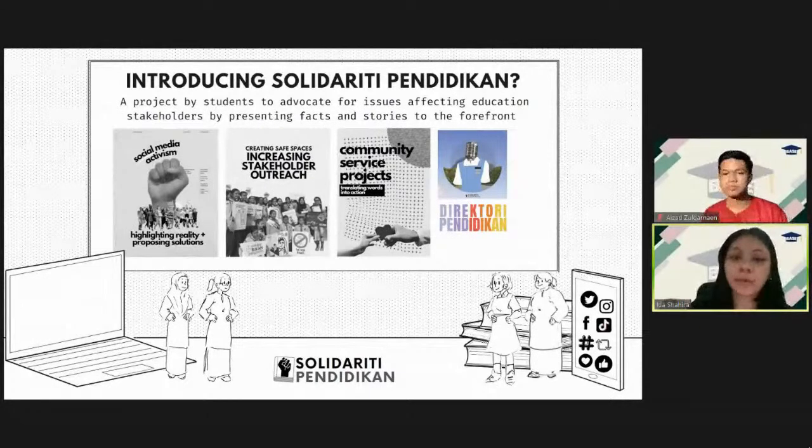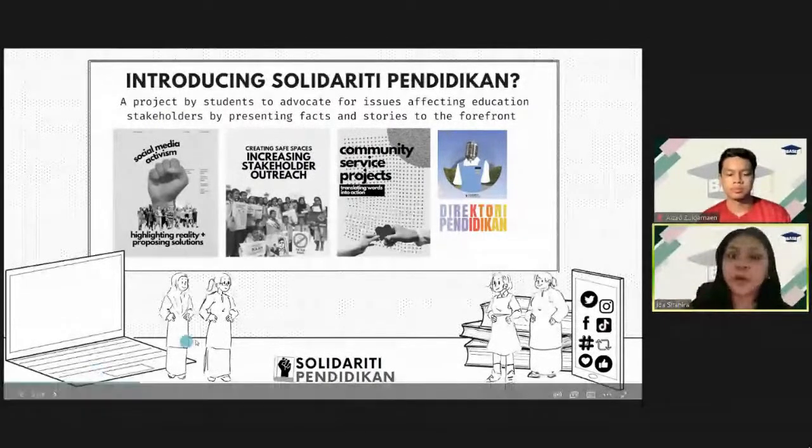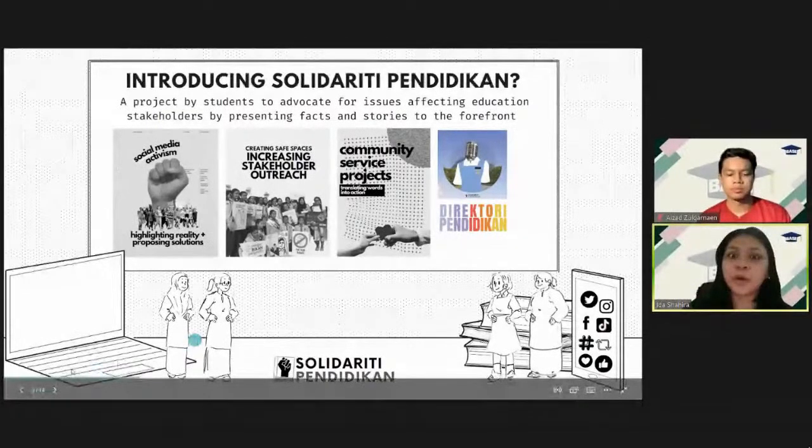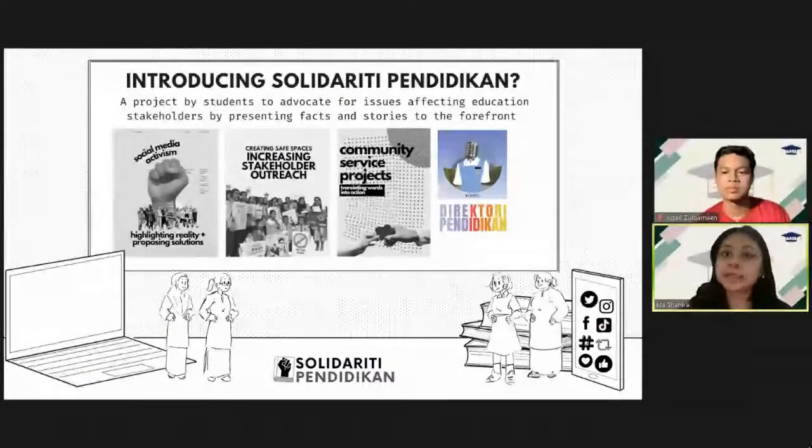Now, apart from our social media endeavors, we've also conducted a few community service projects. One of our prominent community service projects was what we did last year, which was Bantuan Bahan Pendidikan Darurat Banjir, where we raised about 37,000 ringgit, I believe, and conducted a few donation drives.